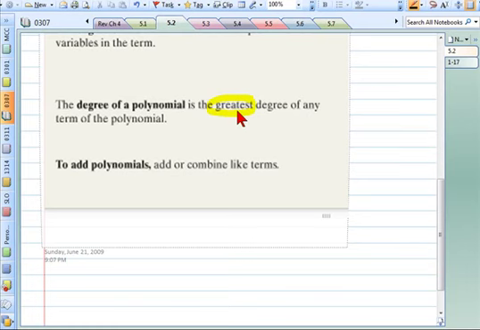So here's how you do it for a polynomial. I have, suppose, 5x to the third, y to the fourth, plus 7xy minus 18z. And somebody says, I want to know the degree of the entire polynomial.